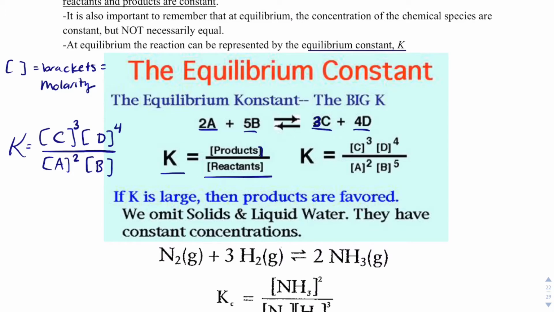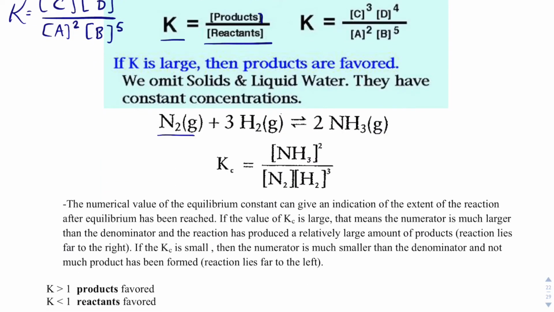And B has a coefficient of 5, so its exponent will be 5. If we look at this other reaction here, we have NH3 to the second power, that's its coefficient. H2 is to the third power, that's its coefficient. And then N2, even though we didn't write a 1, it is to the 1 power because that's its coefficient. Now, what we've set up is simply just a ratio.